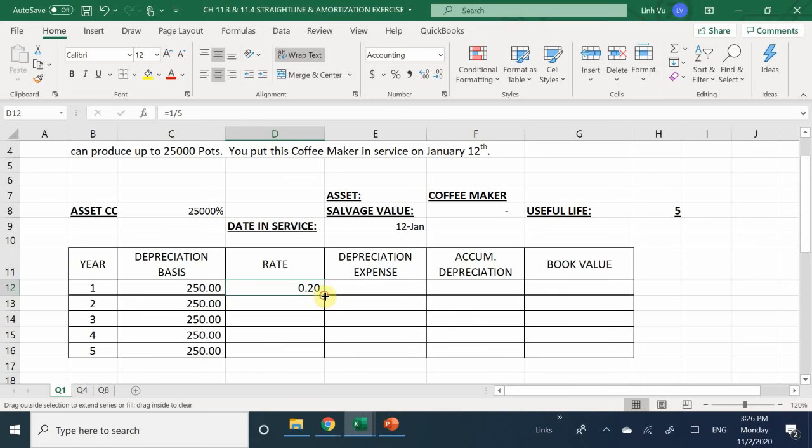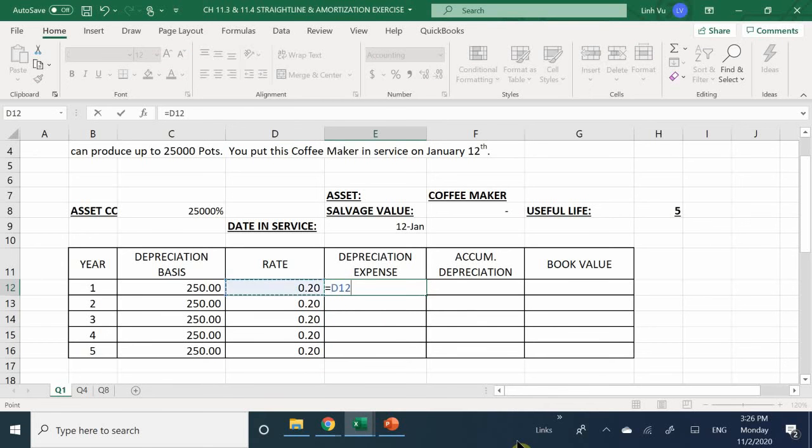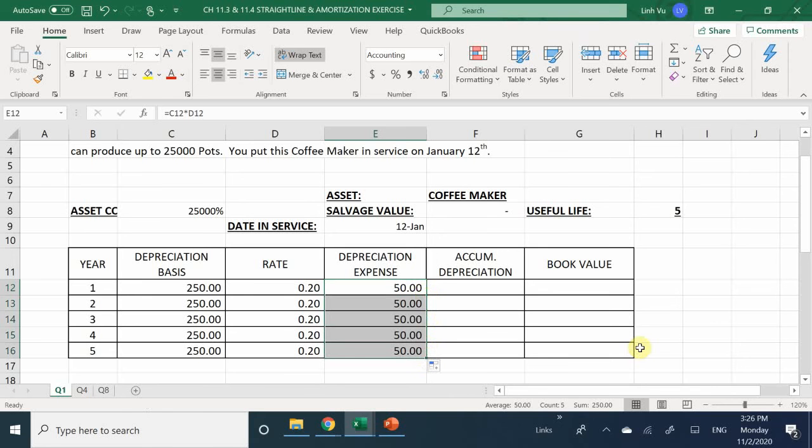And we know all of it's going to be the same. So what is going to be the depreciation expense for the first year? $50. And it's going to be $50 every year. Correct.